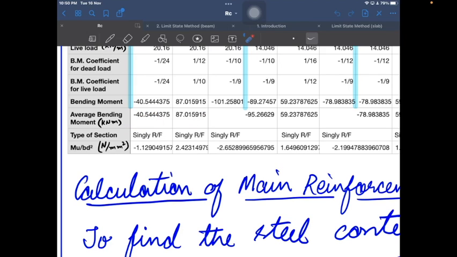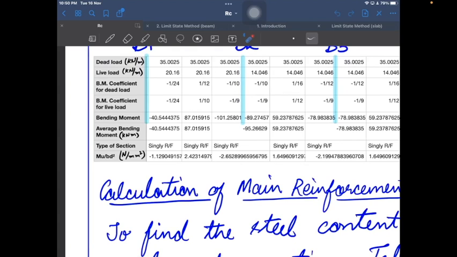So we have got negative tension at the supports, that's why we give reinforcement at the supports on the top, and we have got positive tension at the mid span, so that is the reason why we give reinforcement in the bottom, in the mid span. So at supports we give reinforcement at the top, and at mid span we give reinforcement at the bottom.